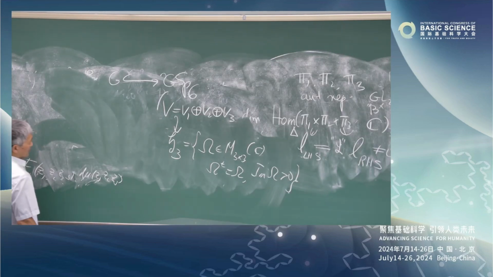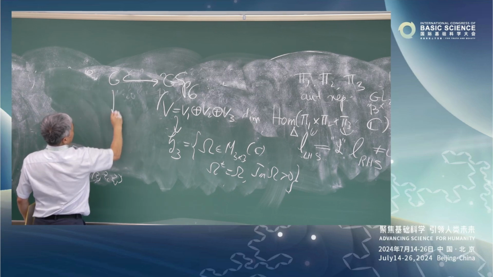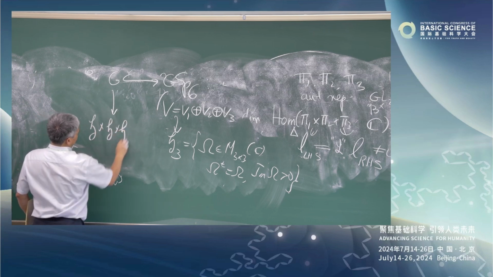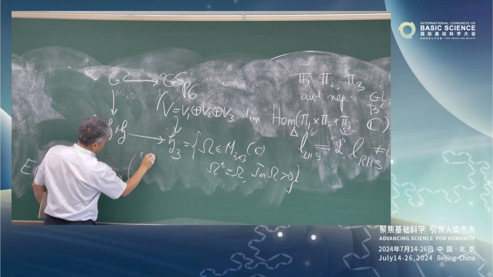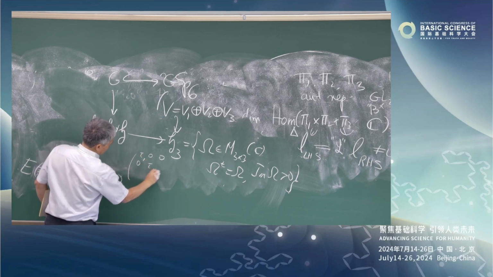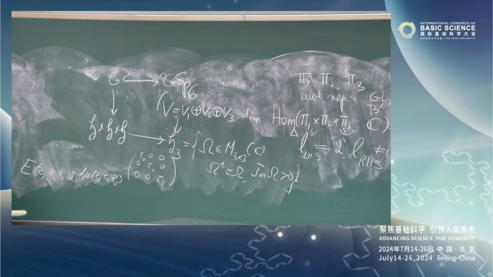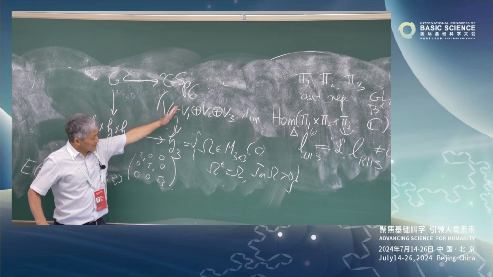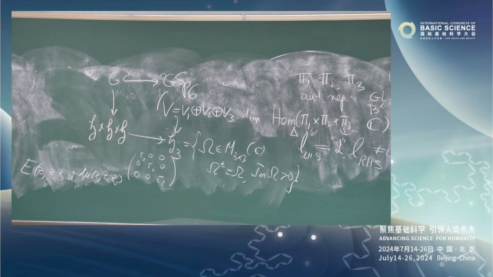Then G acts on H, H, H, but we embed this by the diagonal: tau 1, 0, 0, tau 2, 0, 0, 0, tau 3. Just embedding the three upper half planes into the genus-3 upper half space. Then the theta series is restricted to this product, and this gives you this side.